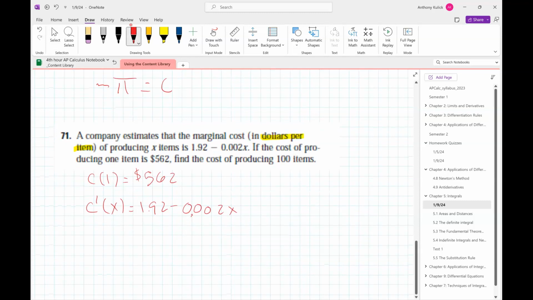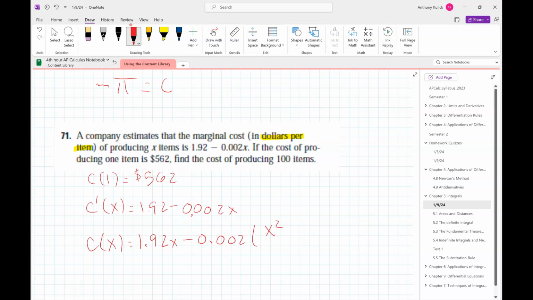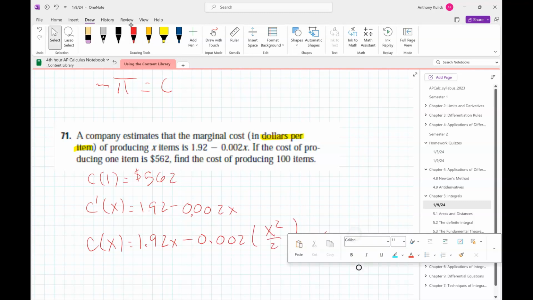Well, I'm going to take my antiderivative. Oh, I thought it was just like, that was the rate. You just plug it in. Yep.